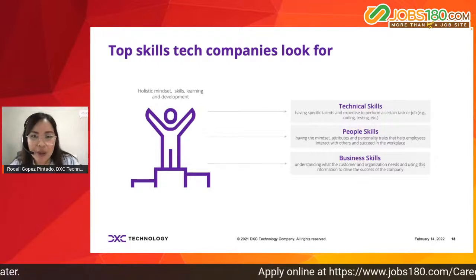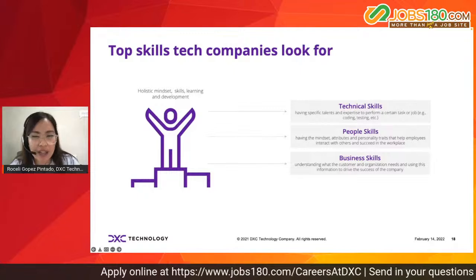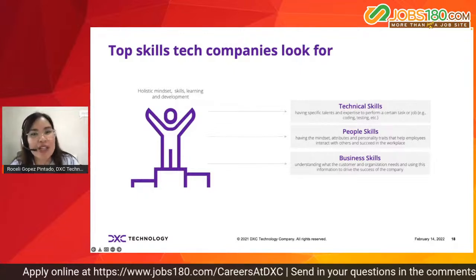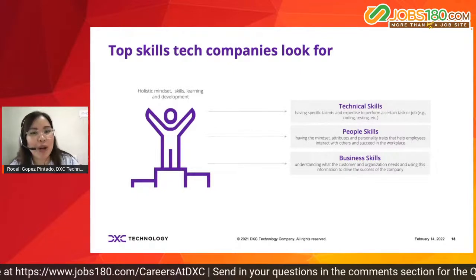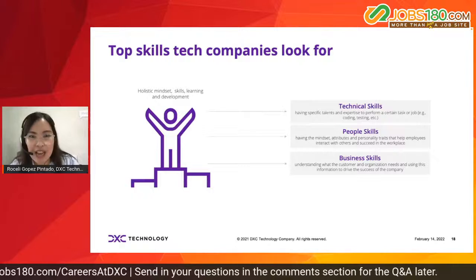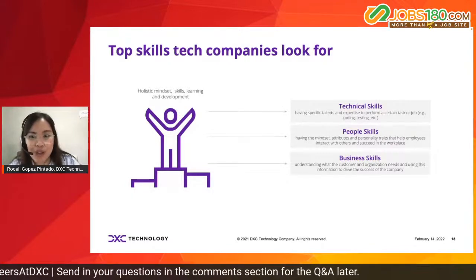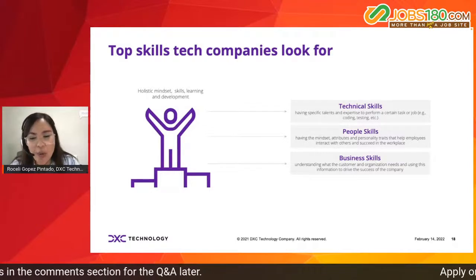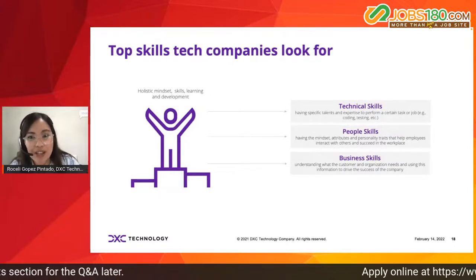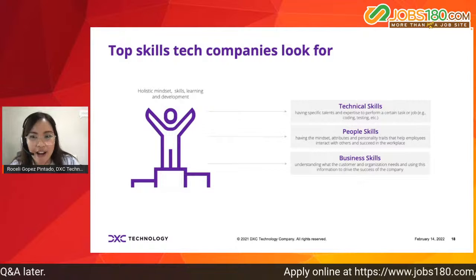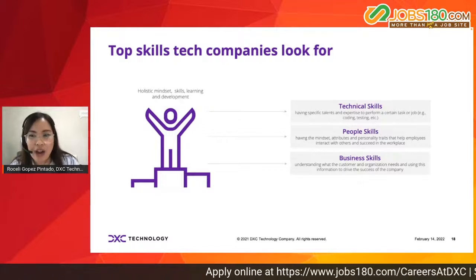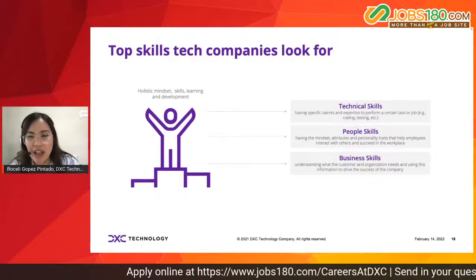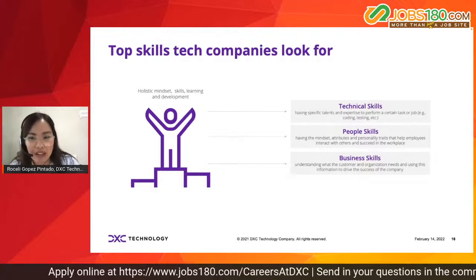The important thing is to be aware of these three areas. Understand that it's not just about technical skills, not just about people skills, not just about business skills. It's a combination of all three, right? And being aware of that, being humble that, oh, maybe I'm not yet strong in this area, but I'm strong in this area, and then looking at the gaps and working on continuing to be better, right?